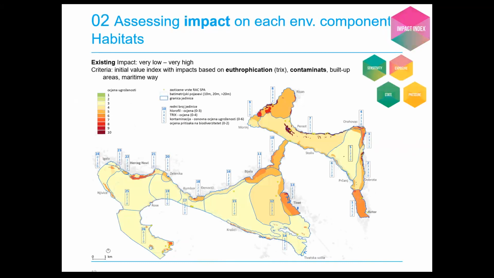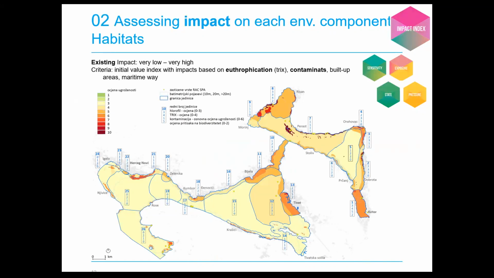A similar approach was used also for the pressures. We didn't start from the activity, but from the measured pressure, like the level of eutrophication, the amount of contaminants in the sea, etc. Also built-up area. So we valued the level of those pressures.